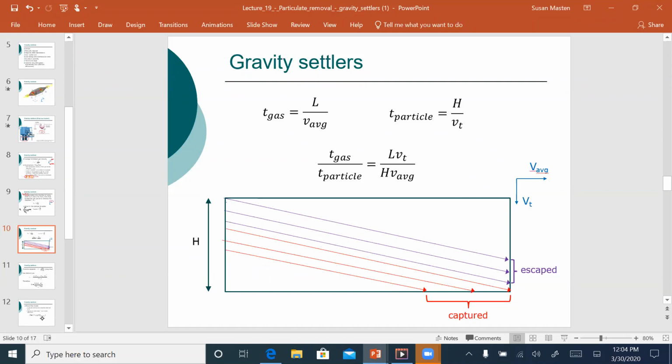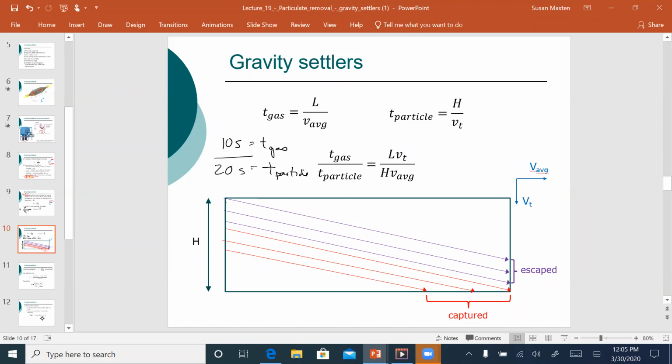Now remember we said that those would not be re-entrained. If, for instance, it takes 10 seconds for the gas particles to traverse, but it takes 20 seconds for your particles to settle, you're going to get 50% removal.